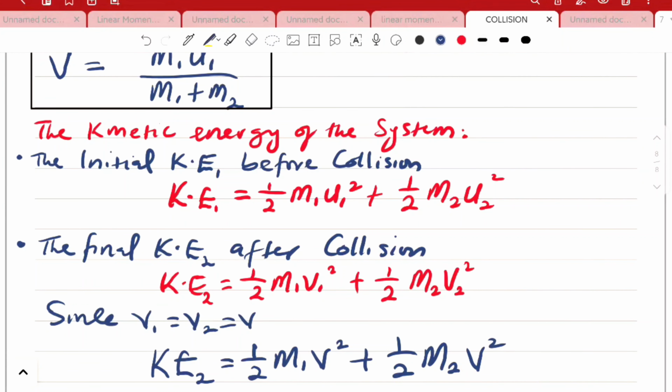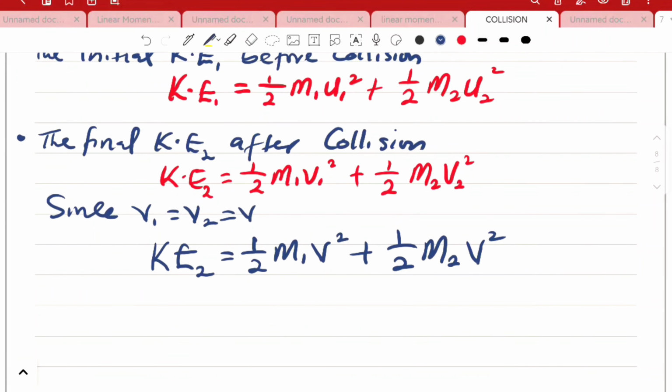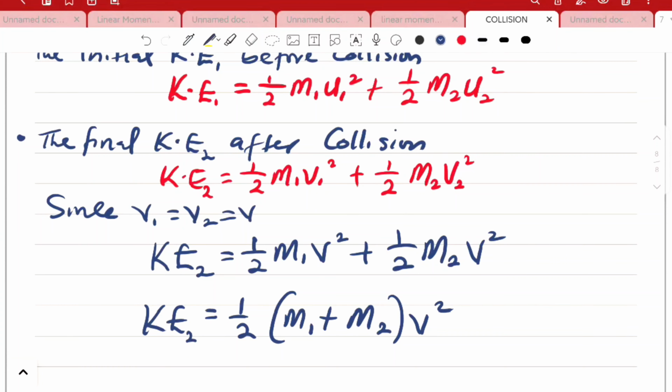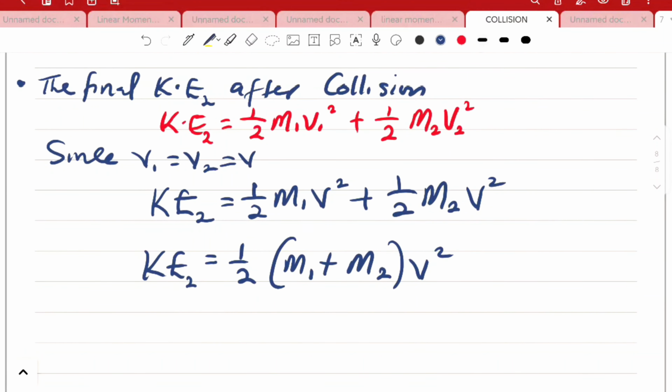I hope you are getting this part. So let's reduce this by factorization. So we have KE2 will equal 1 over 2 into M1 plus M2, close your bracket, into V squared. So V squared multiplies whatever is inside the bracket.